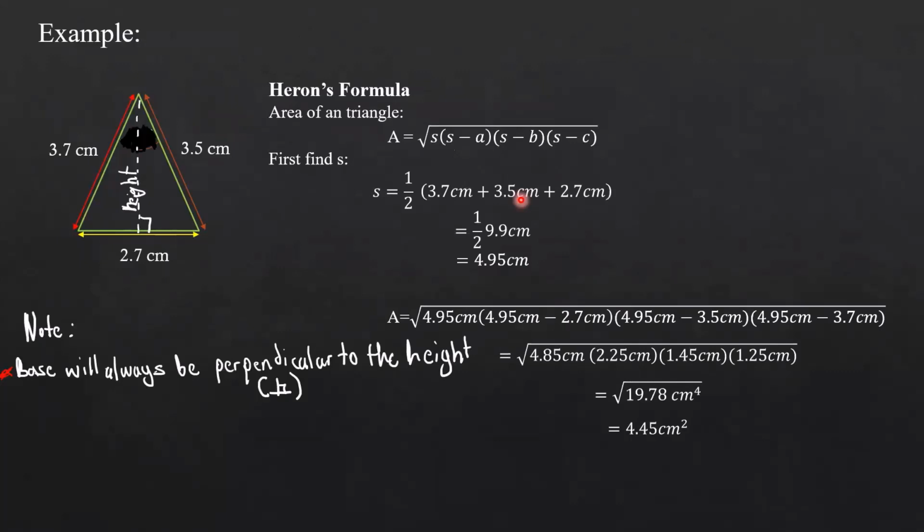For the 4.9 you had there, sir, and then when you subtract them, you got 4.85. But I didn't even notice that. That should be 4.9, correct? 4.95, sorry. That is correct. That should be 4.95. Thank you very much.